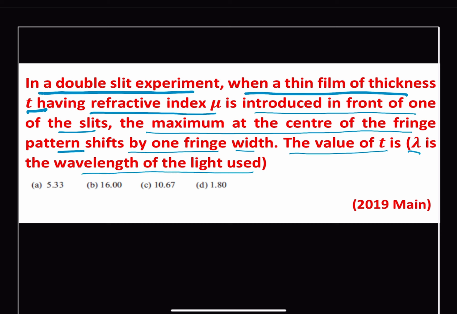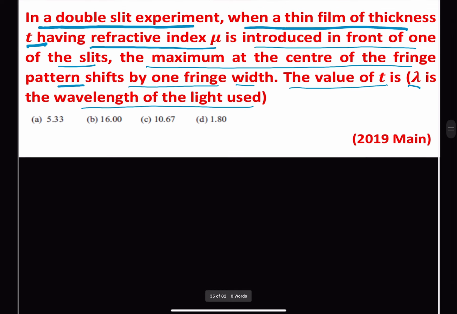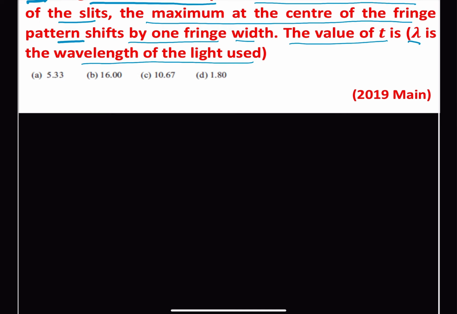Okay. So here we can divide this discussion into two parts. One will be without the introduction of the thin film, and the other one will be with the thin film. And without thin film, let us suppose we have these two source slits.